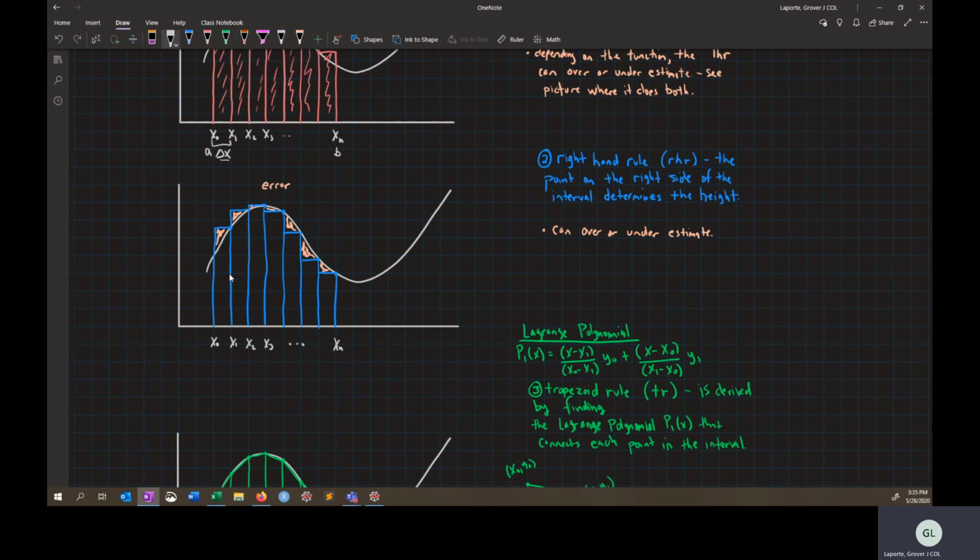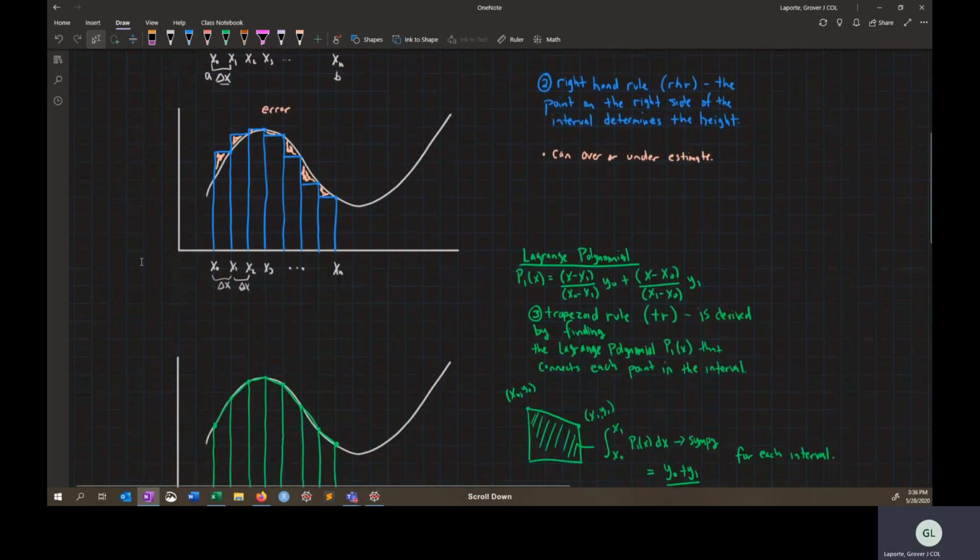So again, same idea: multiply the height by the width, where this is delta x, and it's exactly the same for each one of these, because we broke them up into equal intervals. So that's another pretty easy equation that we can get.